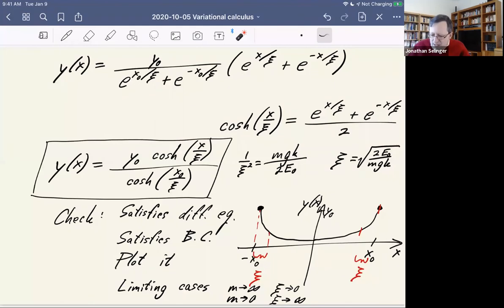And so maybe it would have been better if instead of saying big mass or small mass, I had said big K or small K, right? And then I wouldn't have had this problem of discrepancy between the math and the intuition, right?